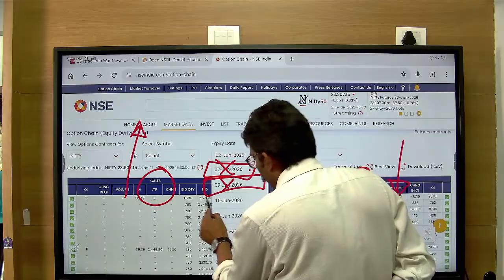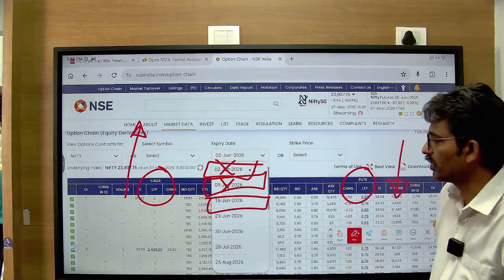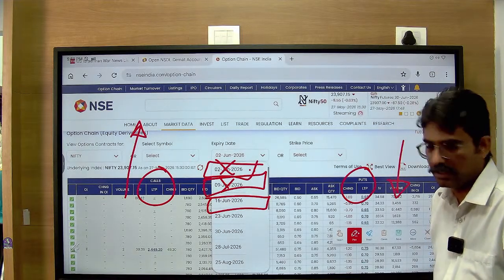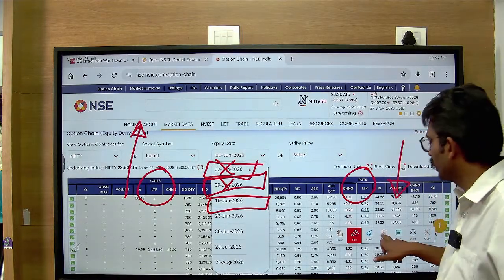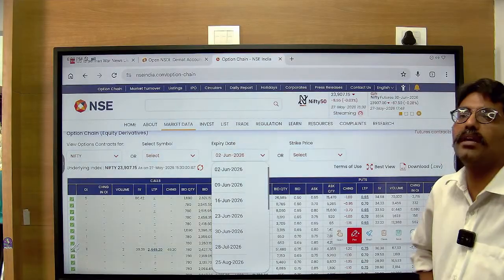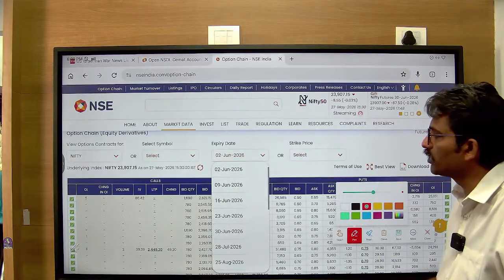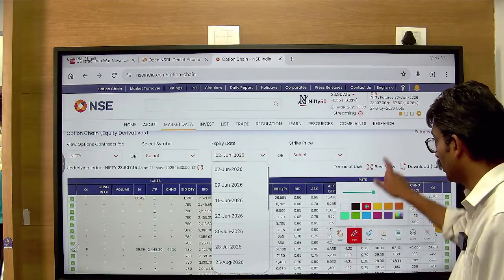If I buy via this contract, then this will be 16th of June. So then the next question that arises is, what is the name of this contract that I'm buying? From a Securities Act perspective, the name of this contract is this. They don't teach it in the books. Please remember this.